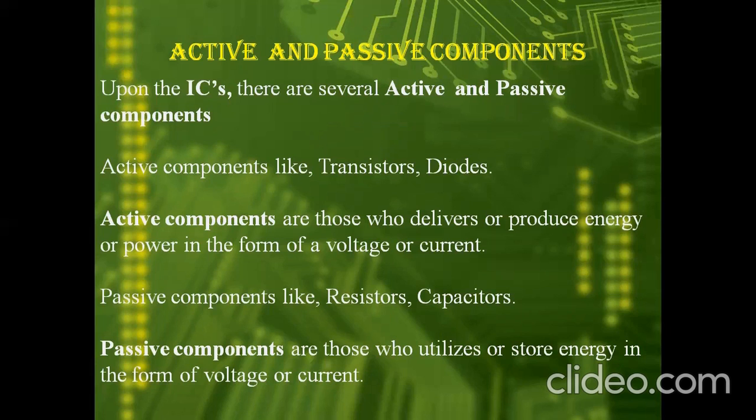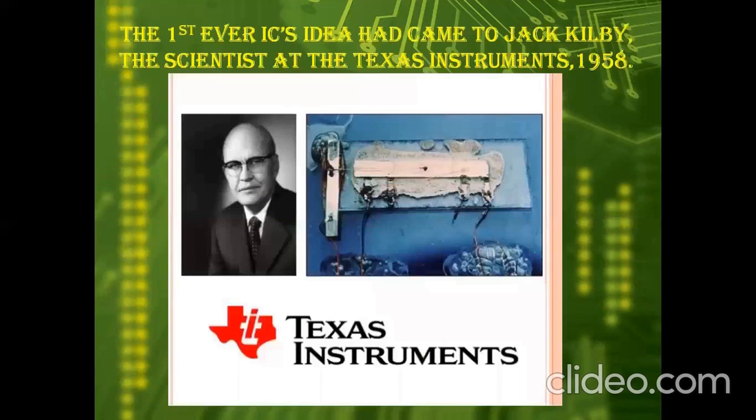A resistor will oppose the flow of current. So passive devices will take and active devices will give. This is a very important point when we are discussing ICs.